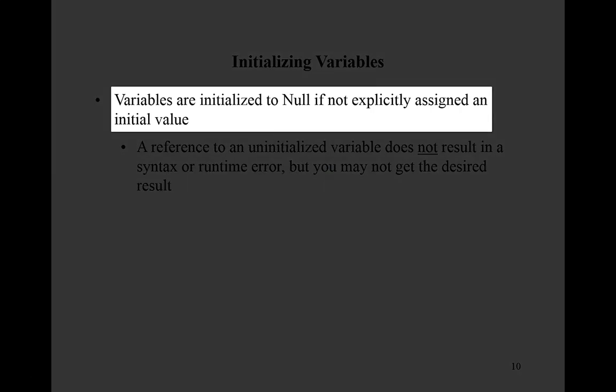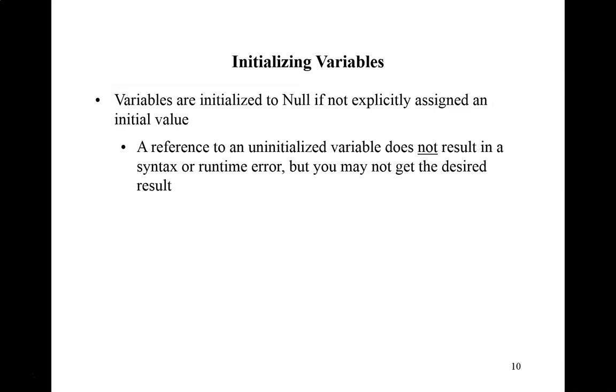Variables will be initialized to null if they have not been given a default or initial assignment. A reference to an uninitialized variable does not result in a syntax or runtime error. However, you may not get the results that you intended because the value is null.